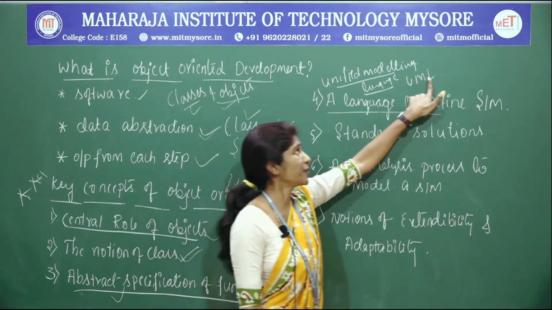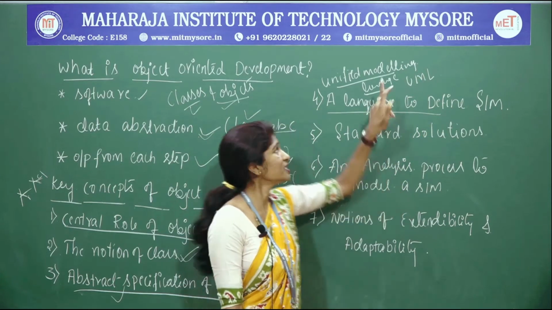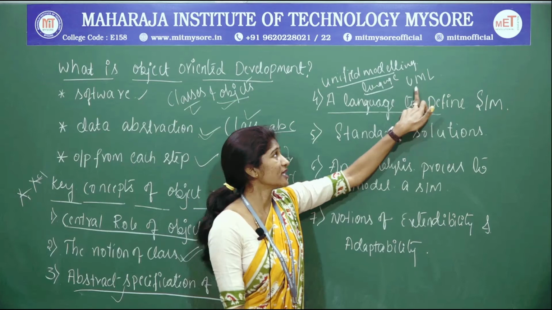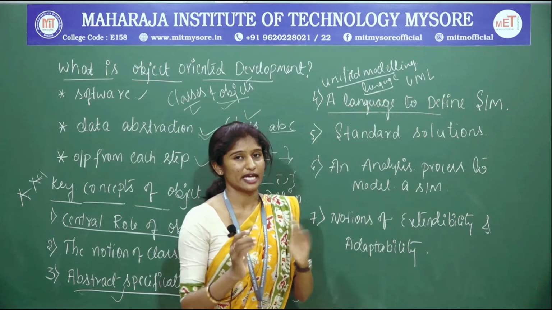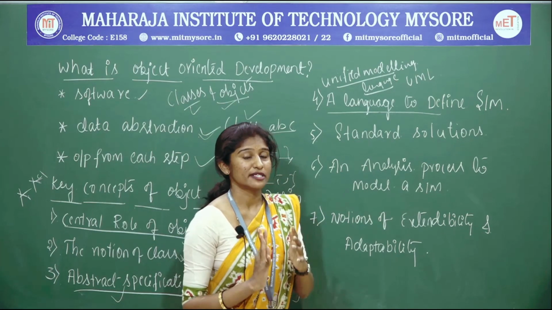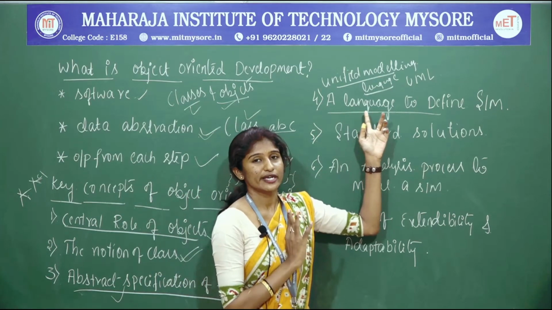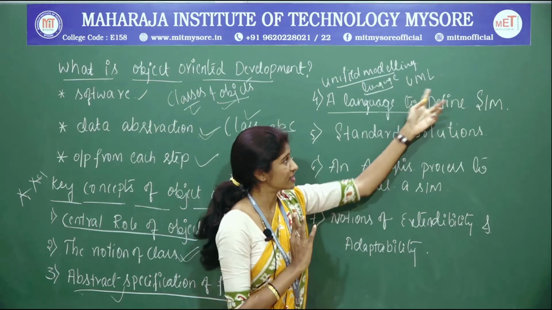You can use UML to represent object oriented notation. We are going to study this in the second module. It uses representation with diagrams. You will have use case diagrams, sequence diagrams, and UML representation diagrams. So in order to represent object oriented design, I am going to use UML representations.